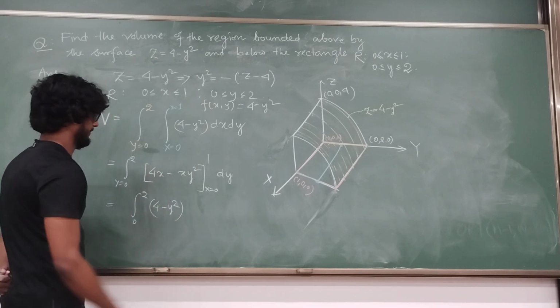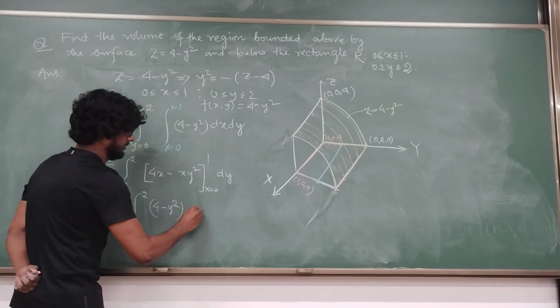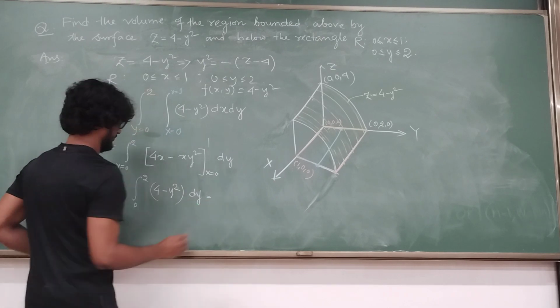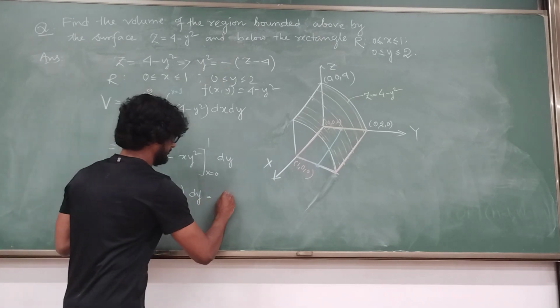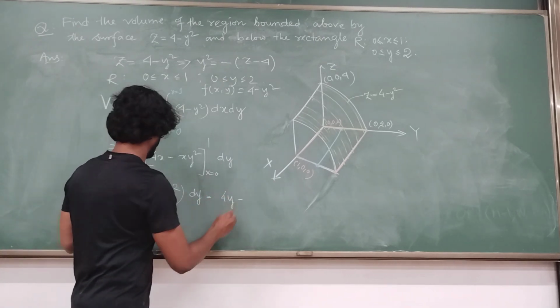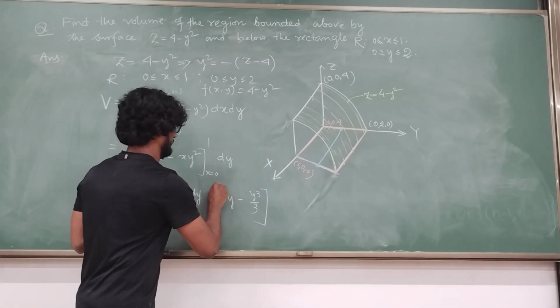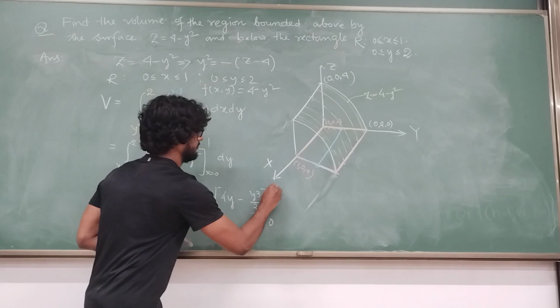dy, which is nothing but 4y minus y cubed by 3, from 0 to 2.